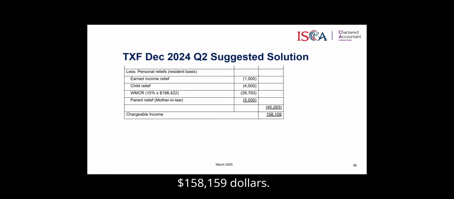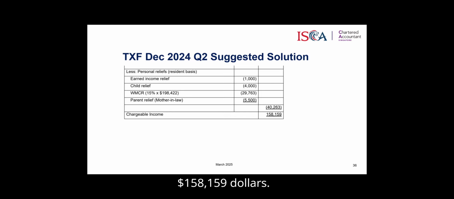However, when you apply the 15% flat rate on your taxable income, you will arrive at 29,763.30. Clearly, you need to show that you have computed the notional tax payable and the final tax payable on the employment income, whichever is higher.